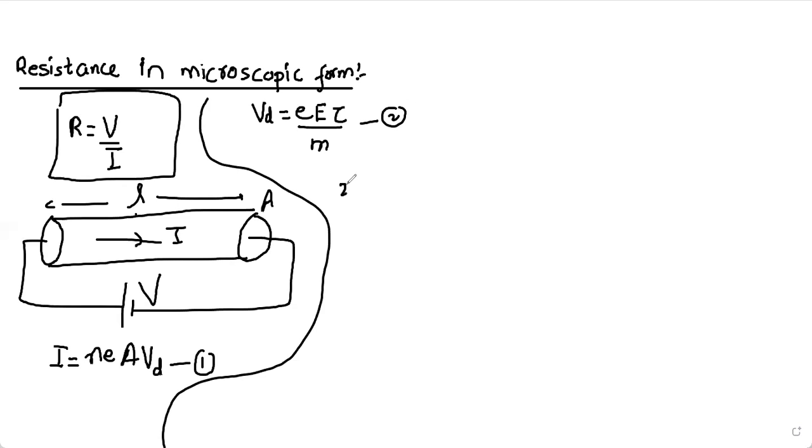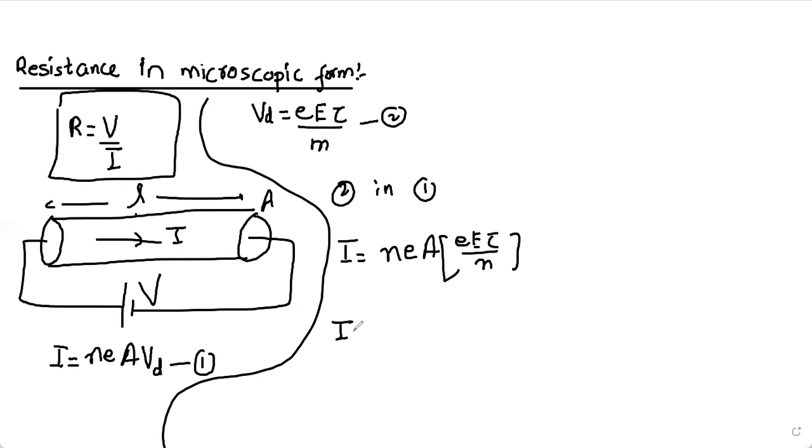Well, let's substitute 2 in 1. When I substitute 2 in 1, I will get I is nEA v_d, where v_d is eE tau by m. So your I is n e squared A E tau by m.